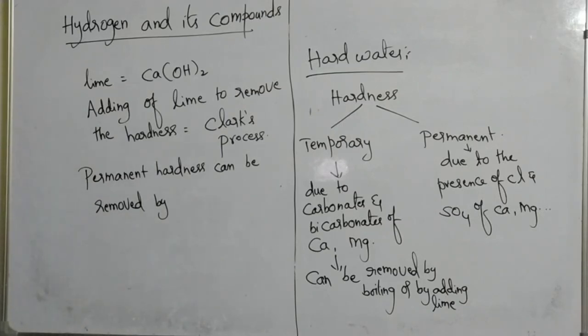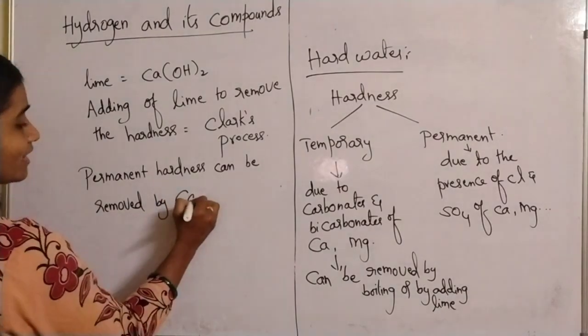Calgon. What is calgon? Sodium hexametaphosphate, Na6P6O18. Sodium hexametaphosphate is called calgon.